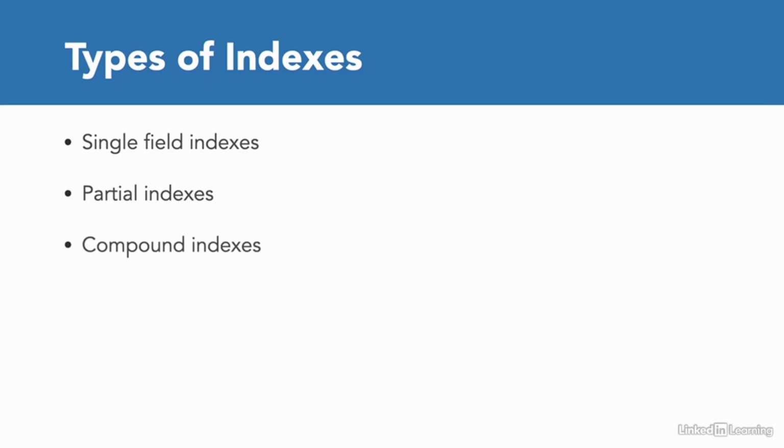Compound indexes, which create an index on a combination of fields. This is useful if you often query on two or more fields together. There are also multi-key indexes. That's an index on up to one array value. It can't be more than one array value because the size of the index would otherwise grow really quickly.